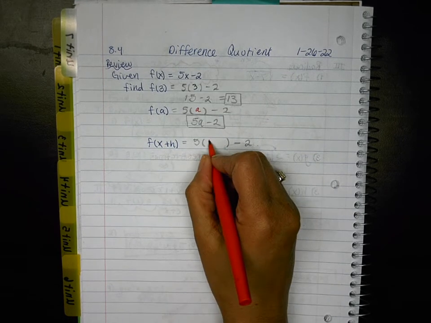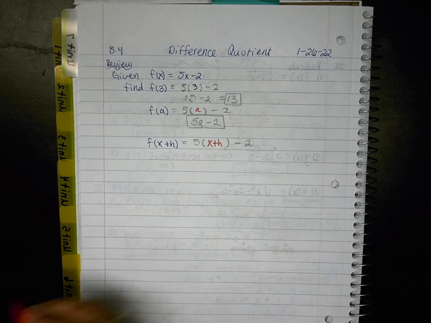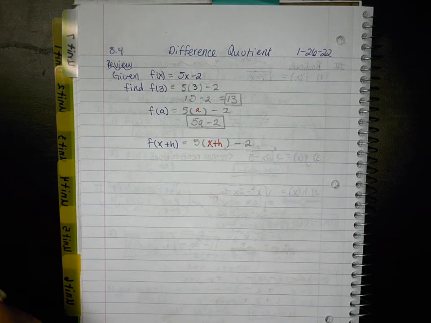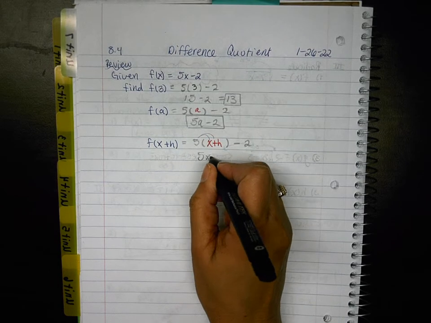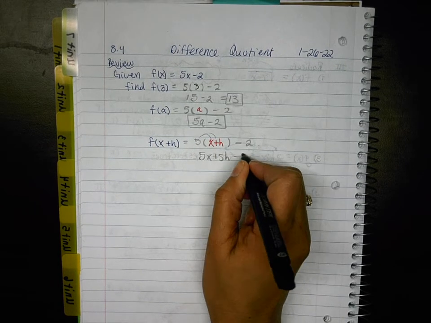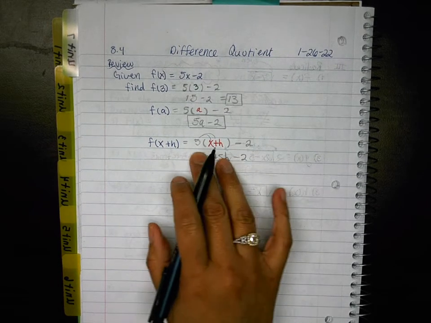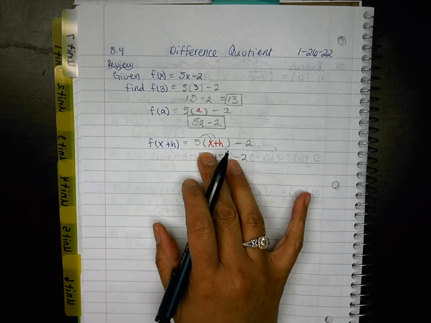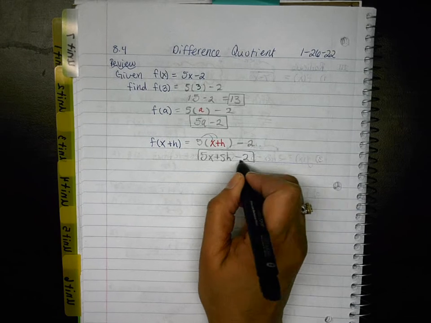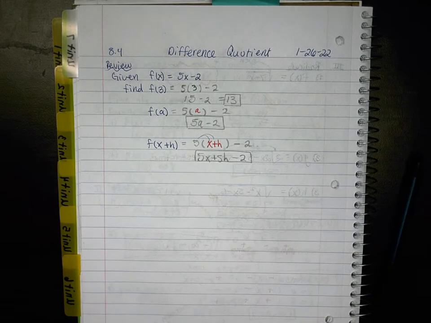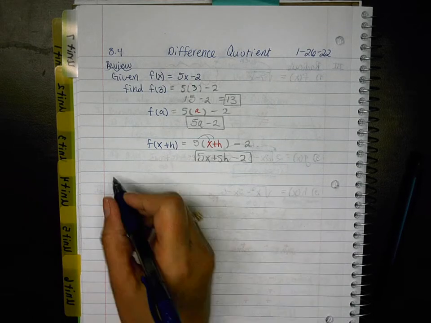X plus h. And then we are going to distribute the 5. 5x plus 5h minus 2. Are any of these like terms? No? That there is my answer. Make sense? Okay. Any questions on the review?